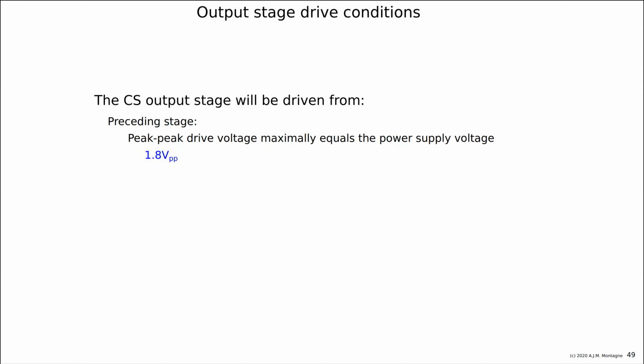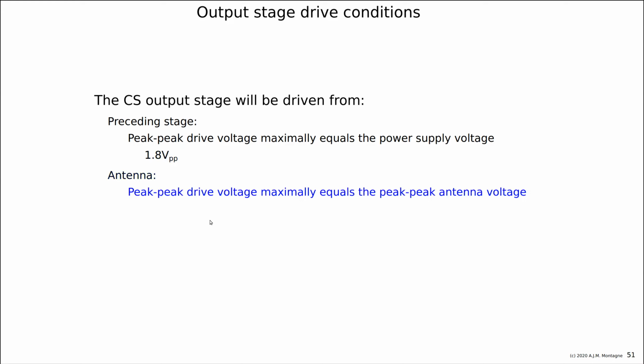We can also drive the load, so we can use a single stage amplifier. Then the drive voltage should be enough to drive, of course, the output stage. And in the case of the antenna, we have a peak-to-peak drive voltage that maximally equals the peak-to-peak antenna voltage, of course.